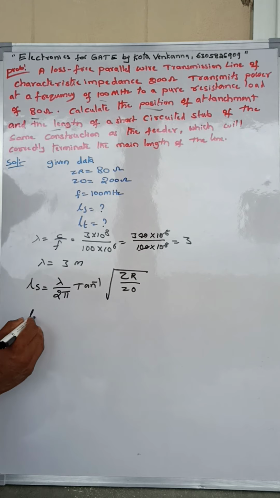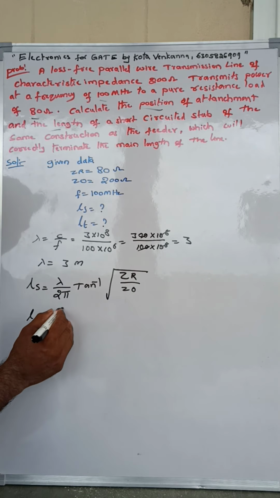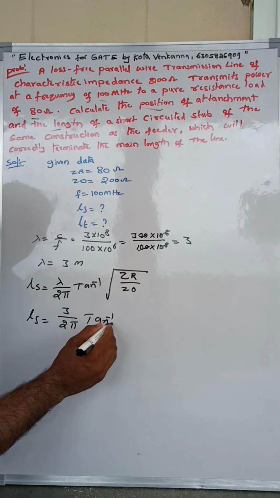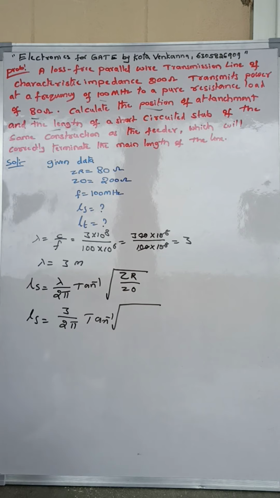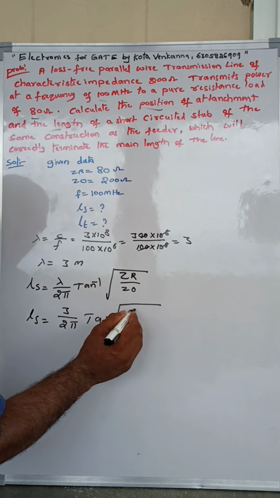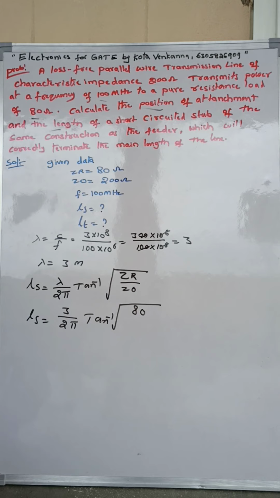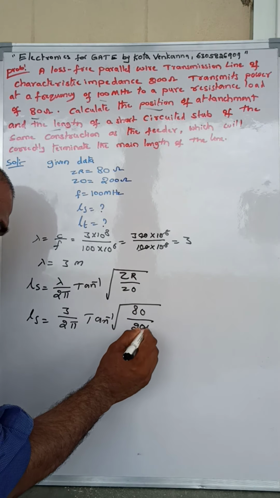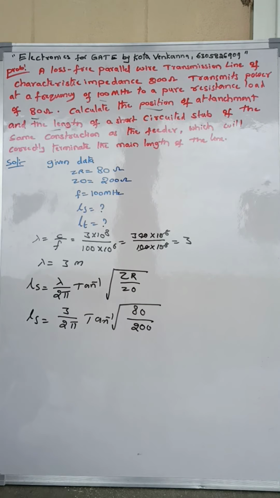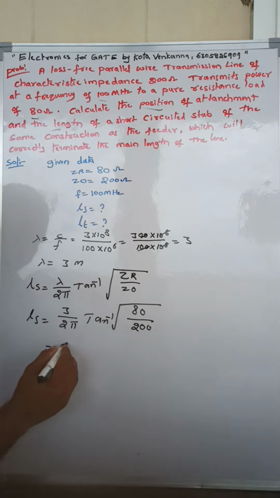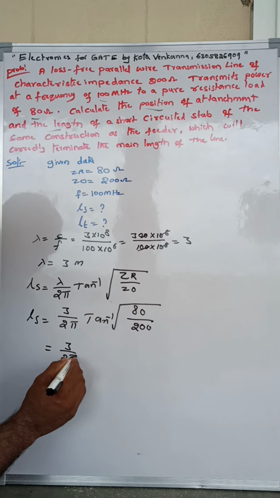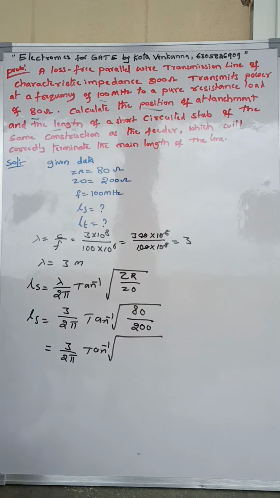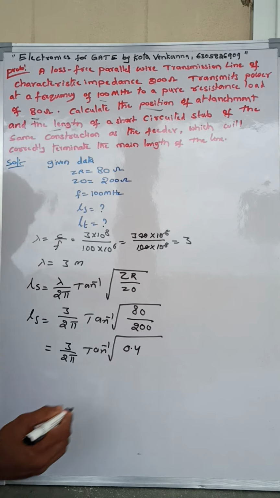So LS is equal to 3 by 2 pi into tan inverse of square root of 80 by 200, which is the square root of 0.4.